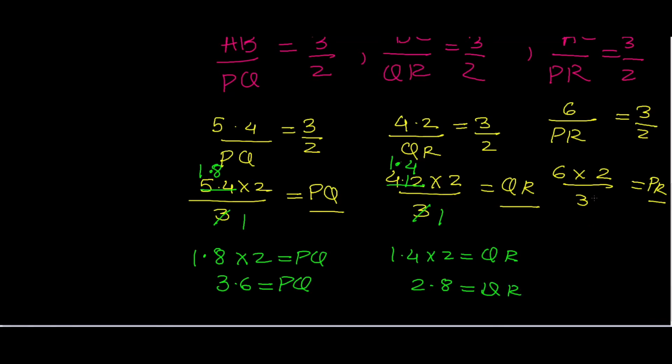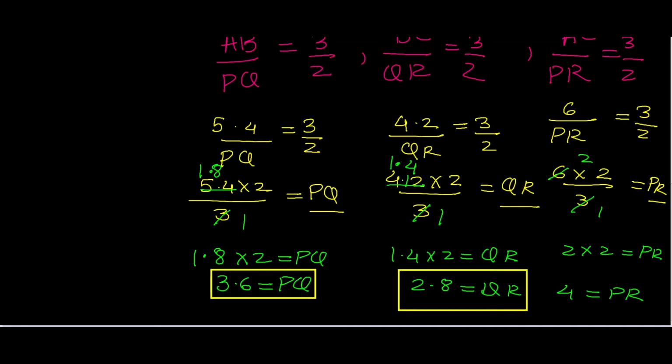Now 3 twos are 6, so 2 into 2 equals PR, and 4 is our PR. Now we got the values of PQ, QR and PR.